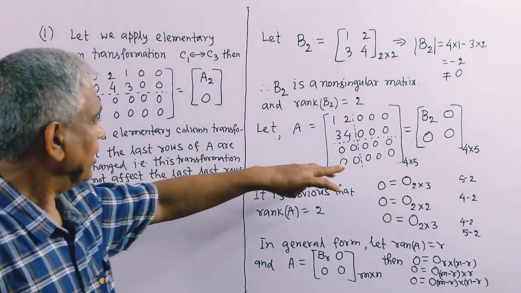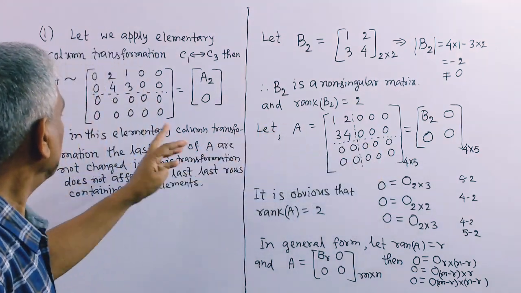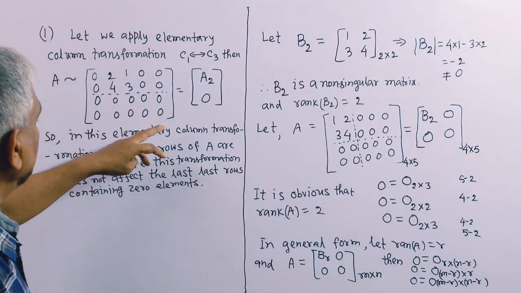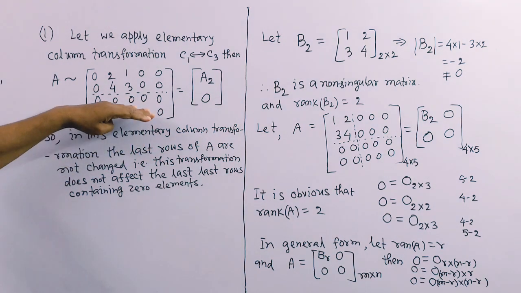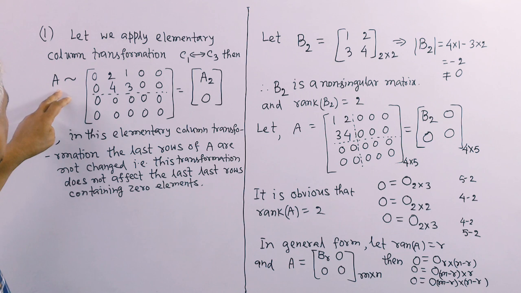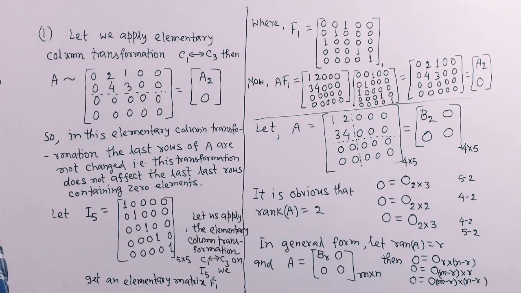In A, the last two rows contain zero elements. So here we see that we get the same zeros. So the reduced form of A will be A2, 0.